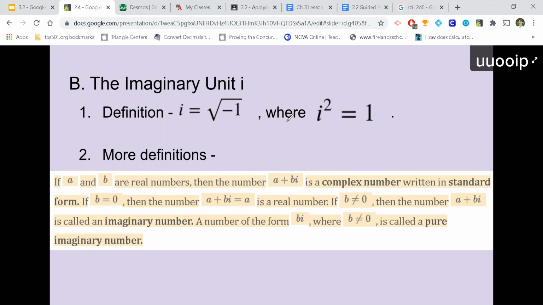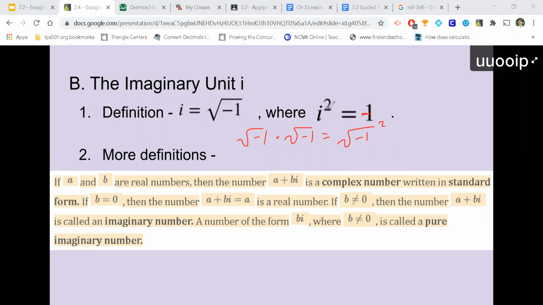So what that means then is i squared, and this is the big typo, is equal to -1, not +1. I feel really bad about that. And that should make sense to you, right? If i is the square root of -1, then the square root of -1 times the square root of -1 would be the square root of -1 squared.